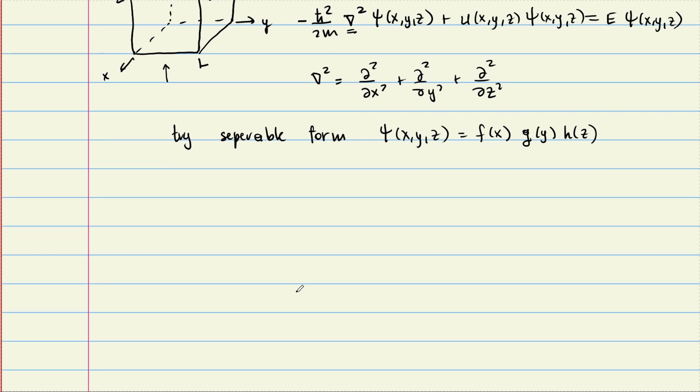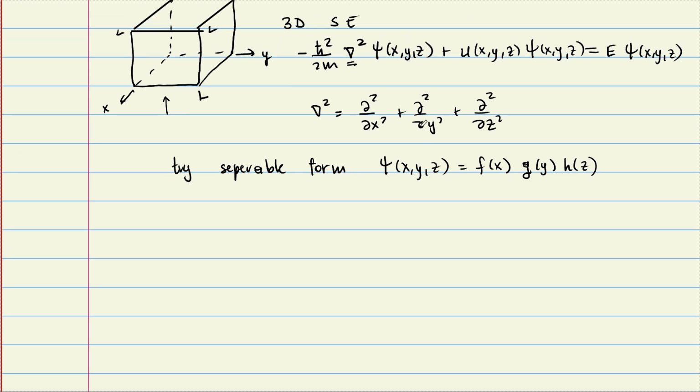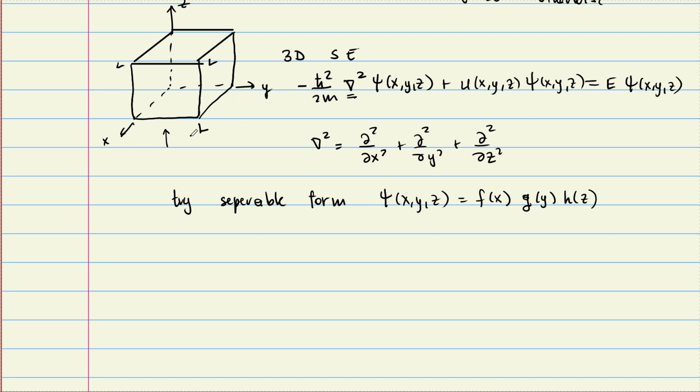So let's do this. Outside, V is infinity, and psi is going to be 0 outside. So I can put this in a boundary condition and forget about u, because inside u is 0 and there's nothing to separate anyway.